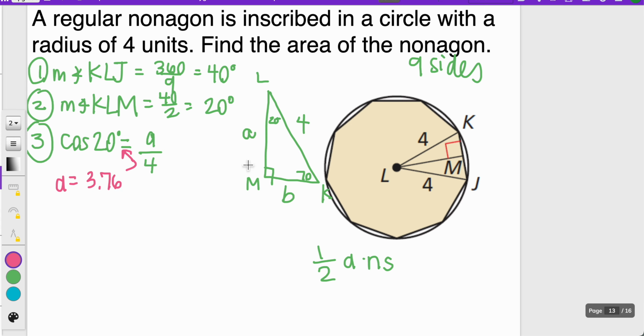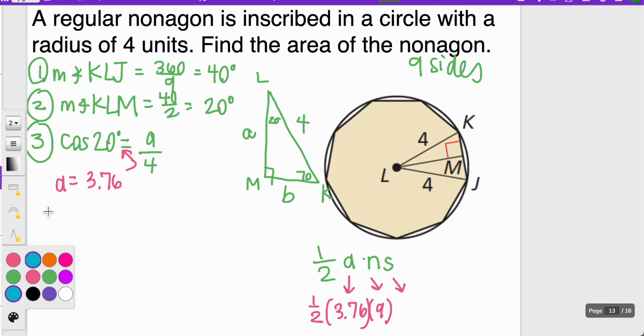Once I find that, I can plug it in here, 3.76. I know the number of sides, nonagon, is 9, so now I just need to find S. And again, I'm multiplying everything by 1/2. How I find S is I can find maybe now the sine of 20. The sine of 20 would be opposite over hypotenuse, so sine of 20 could be letter B over hypotenuse 4.